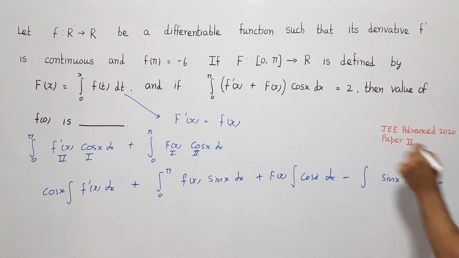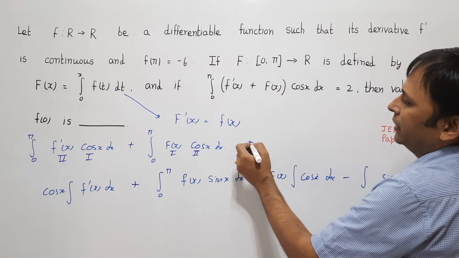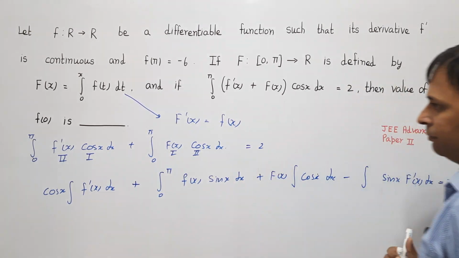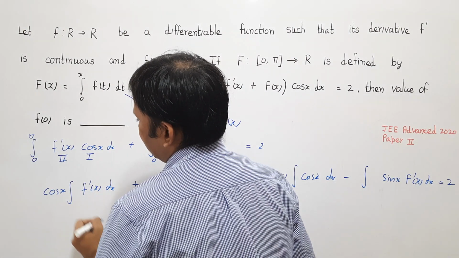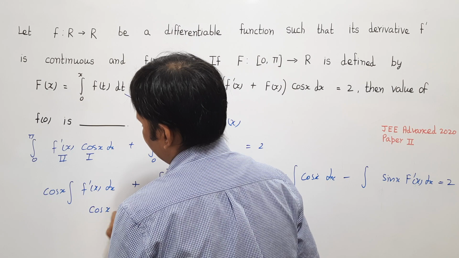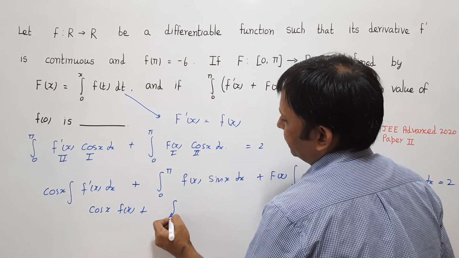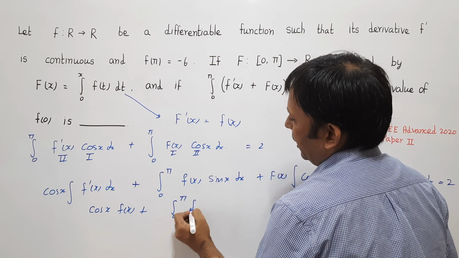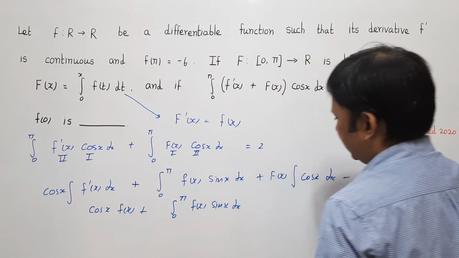This whole thing is given to us as equal to 2, which we had already been given in the question. So this becomes cos of x into f of x, plus the integral from 0 to pi of f of x sin of x dx, which I am writing as it is.